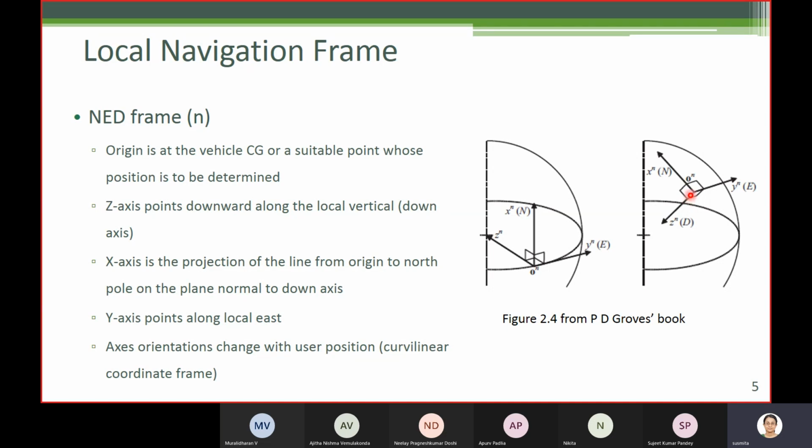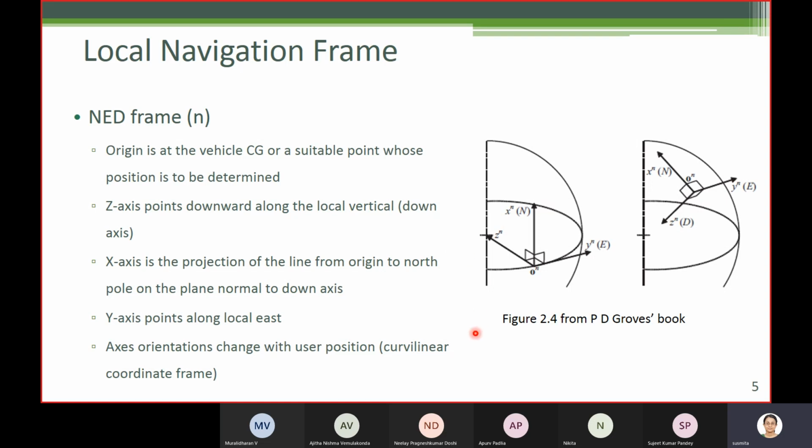So the z-axis should be along the local vertical but in the upward direction: east, north, up. The corresponding frame is called the east-north-up, ENU frame. Generally we use NED representations, but some authors prefer to use ENU representation also. So both are called local navigation frames.